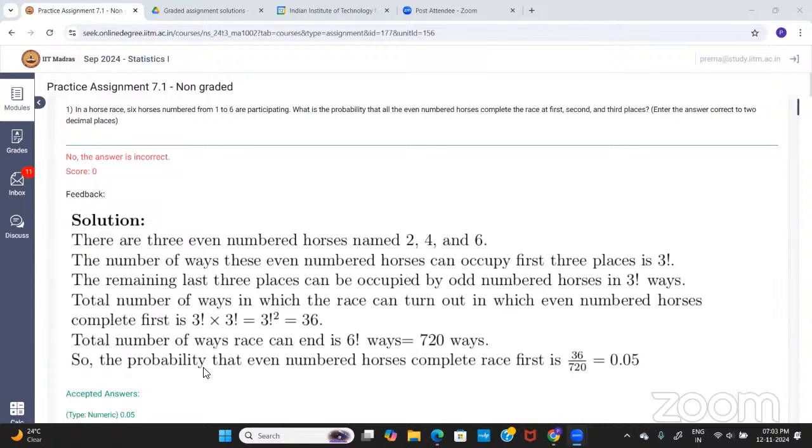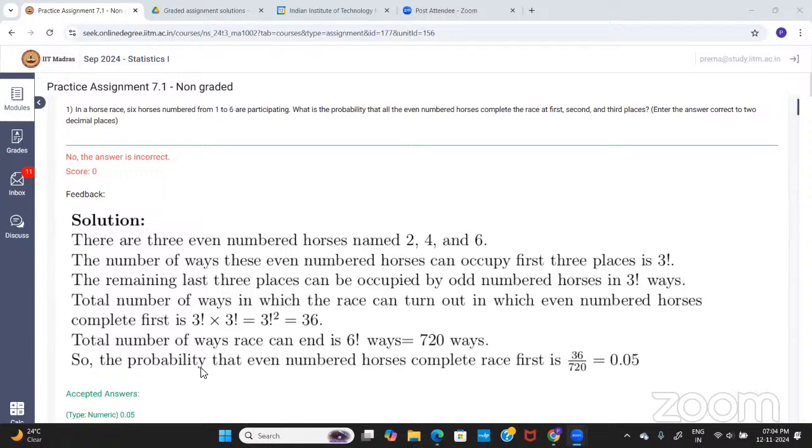But is my solution correct? 3 by 6 times 2 by 5 into 1 by 4. For the first position we have one of the 3 even numbers, and the total possibility is 6. For the second position, 2 even numbers are left and 5 numbers overall.